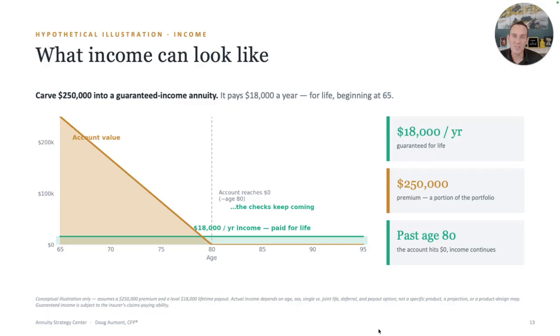And so you can see here, even though at your 80-year account value is gone, you're still getting that same $1,500 a month into your checking account each and every month for the rest of your life. And if you were married, you could have designed this for joint income, so the income payments continue for both you and your spouse's life.